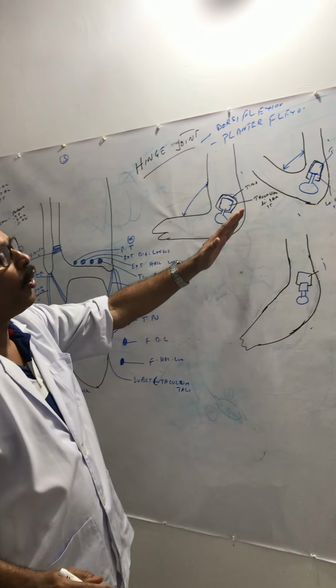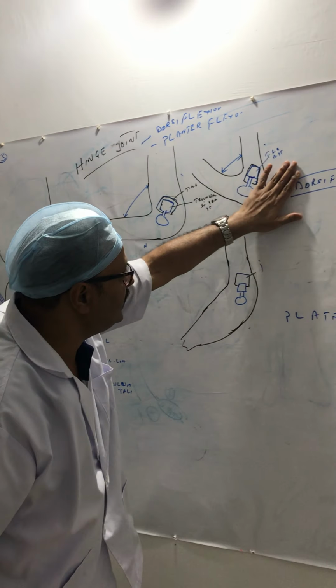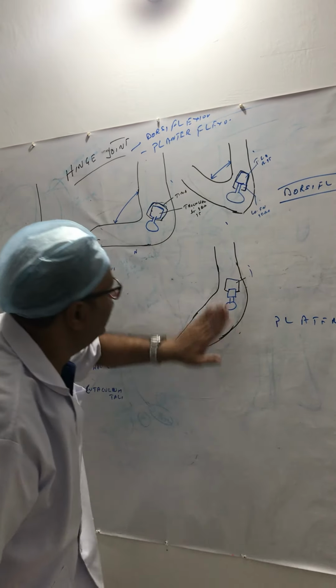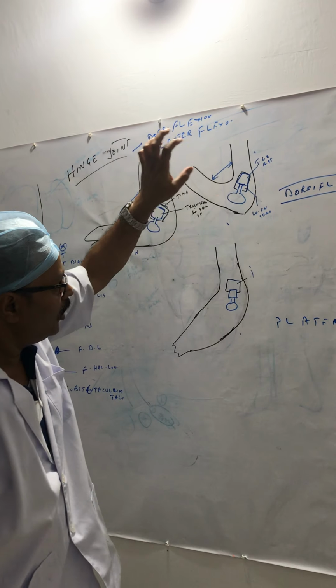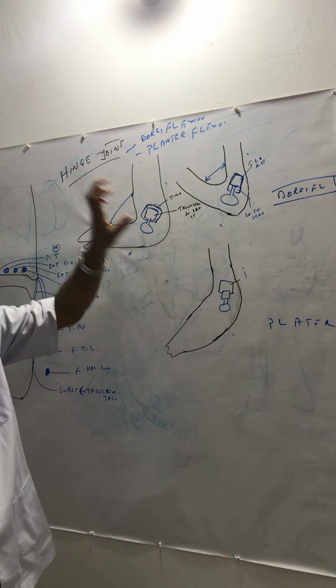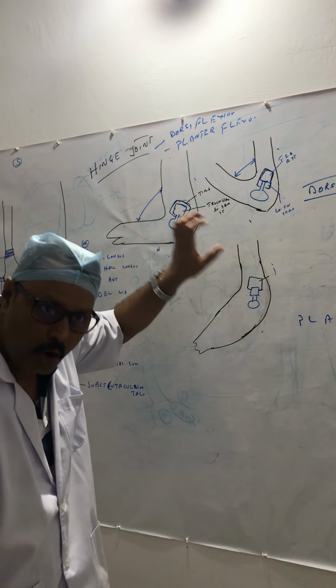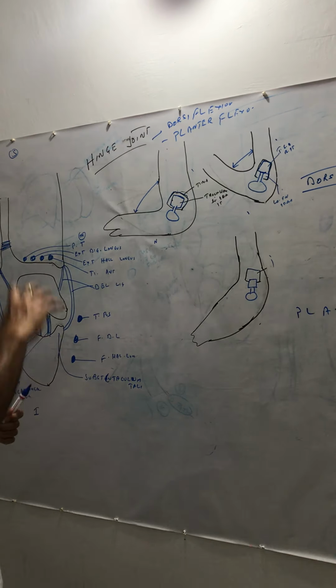There are only two movements in the case of the ankle joint. One is dorsiflexion, the other is plantar flexion. In dorsiflexion, the congruity between the lower end of the tibia and the superior or trochlear surface of the talus is much more.